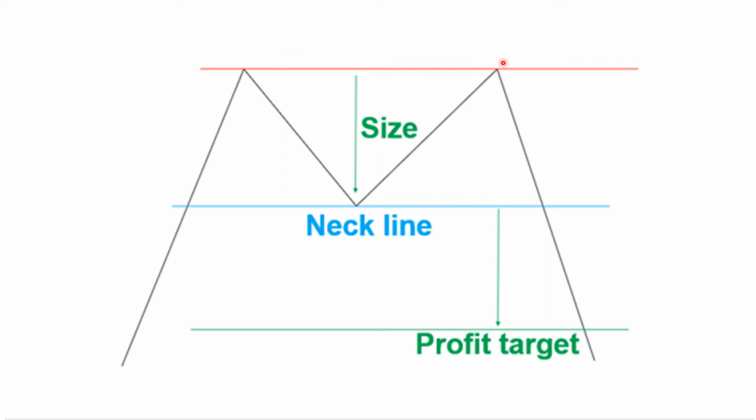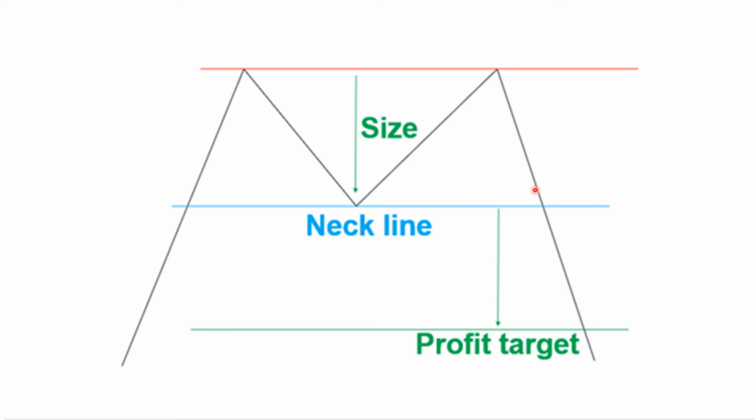If you don't want to take too much risk on, you can place your stop loss just above the neckline. If you enter at the neckline, you can place it just here and enter a sell here, because you'll be hoping that the neckline would act as a resistance, preventing the price hitting your stop loss.